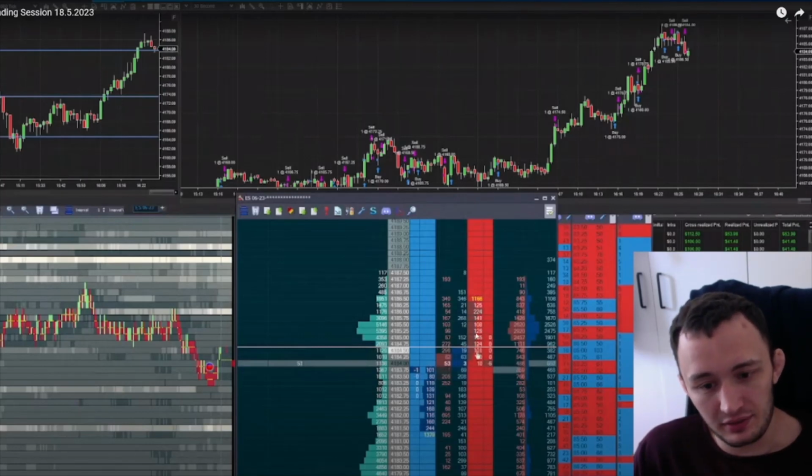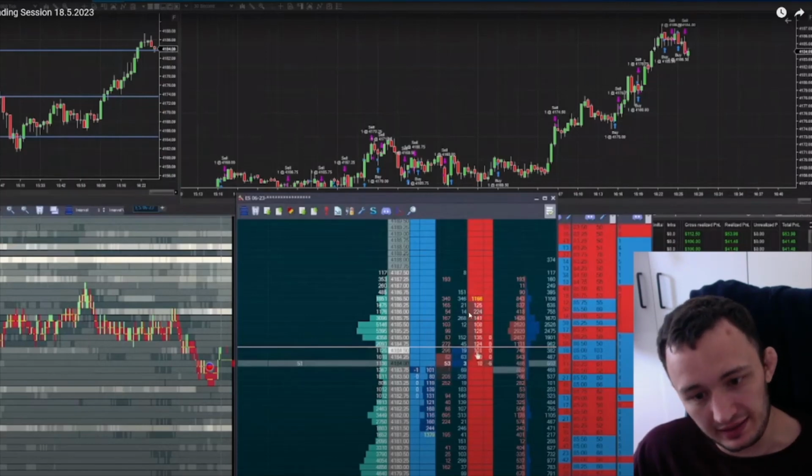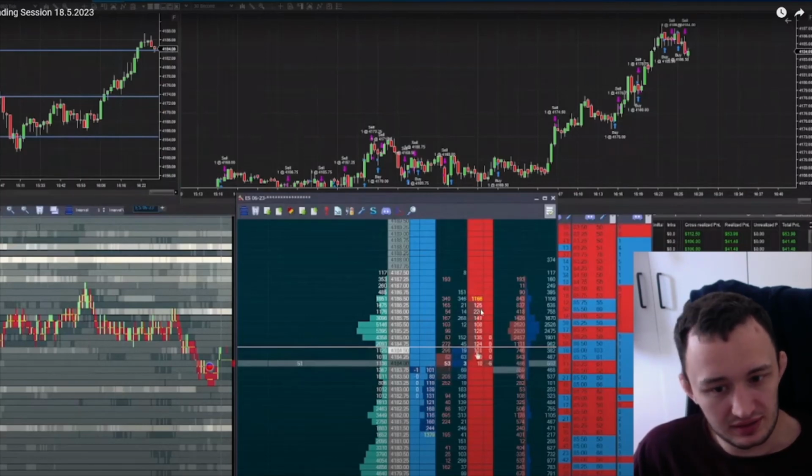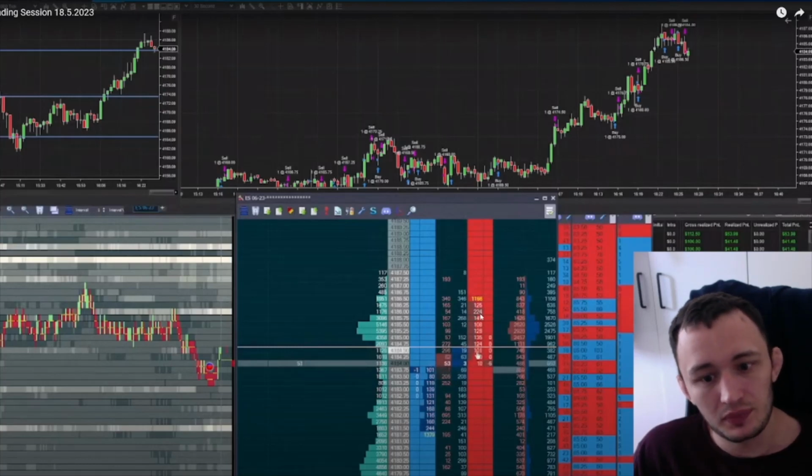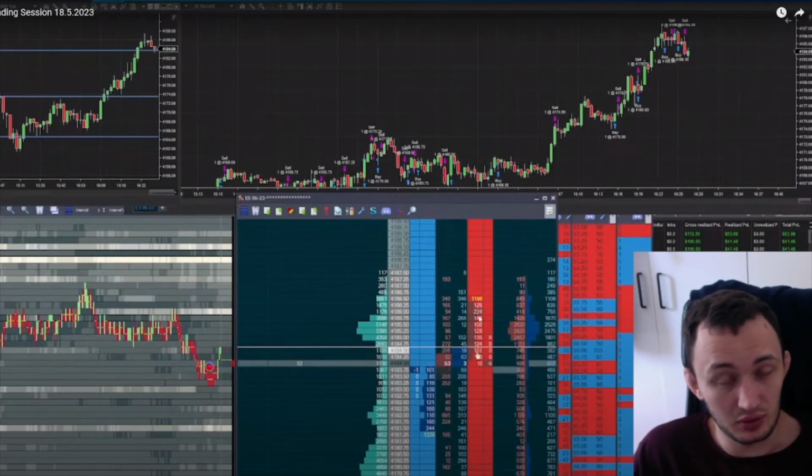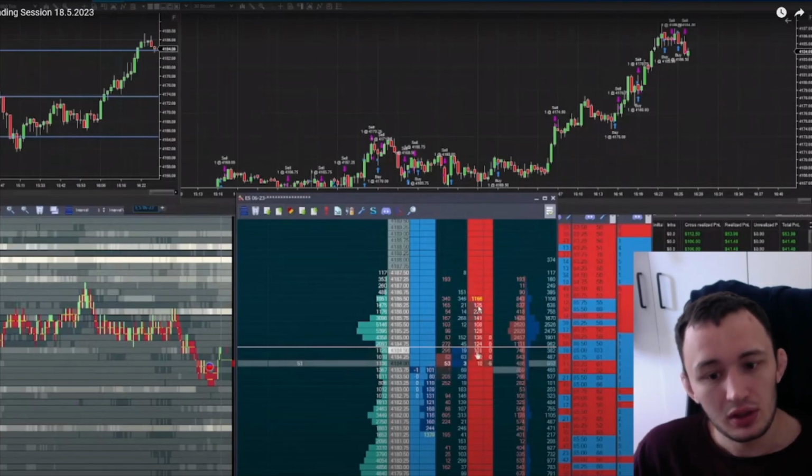But you always gotta remember, they can pull this order at any time if price gets there. Just because, for example, there are 224 orders here, this does not mean that when price gets there, 224 orders will be traded. When price is one or two ticks away, he could just pull 100 of his orders and only leave 100 orders left. And that's what you kind of need to pay attention to.